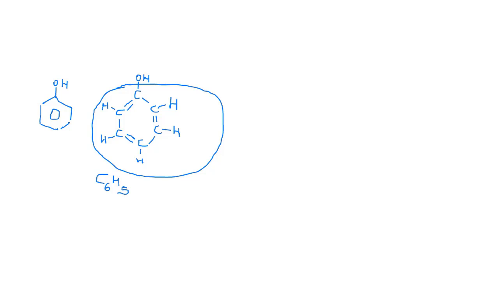Every time you see carbon 6, hydrogen 5, you are talking about an aromatic ring. And then you just add the OH. So this OH is this OH. Very good.